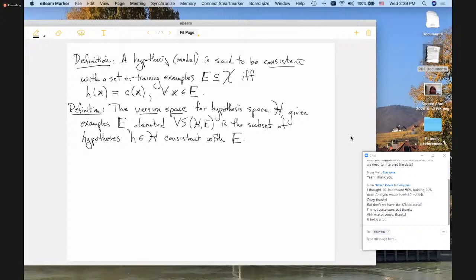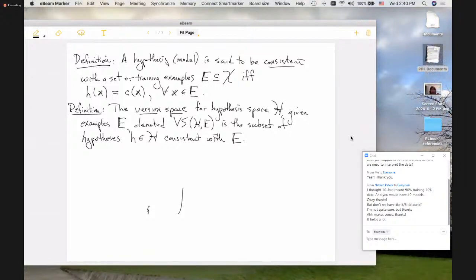All right, so the first thing to take from this definition is that there is an assumption that if I have some set of training examples, and I'm going to apply a learning algorithm to them, there may actually be several possible models consistent with that training set.